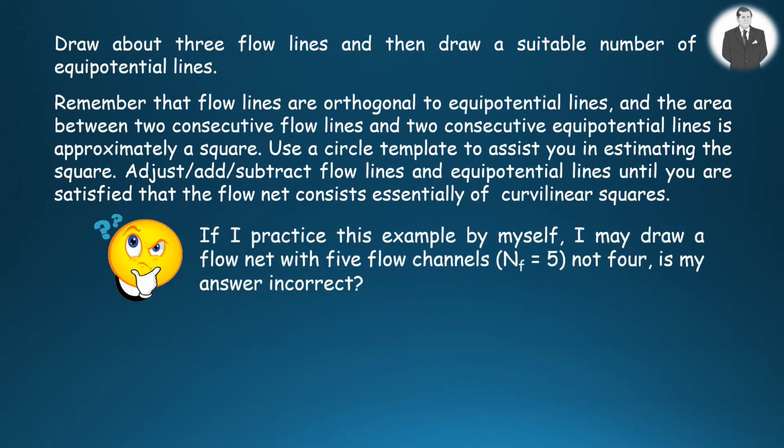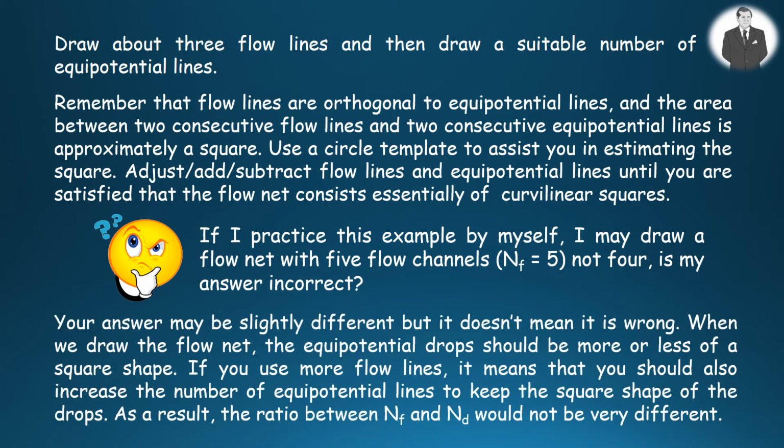The question is, if I practice this example on my own, I may draw a flow net with 5 flow channels, not 4. Is my answer incorrect? No, it is not. Your answer may be somewhat different, but it doesn't mean that it is wrong. The point is, when we draw the flow net, the equipotential drops should be more or less in square shape.